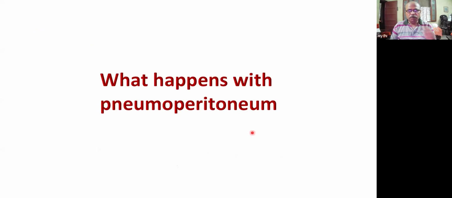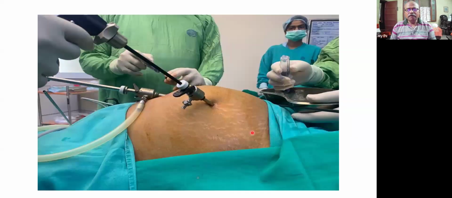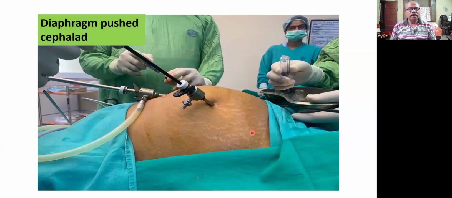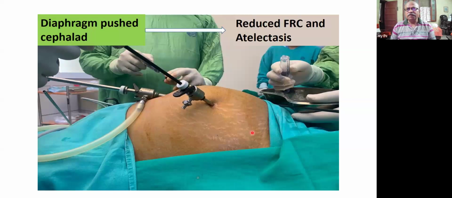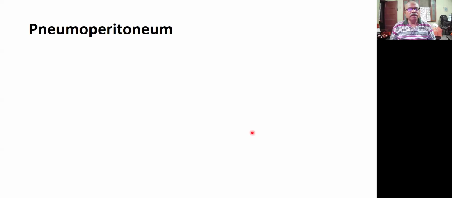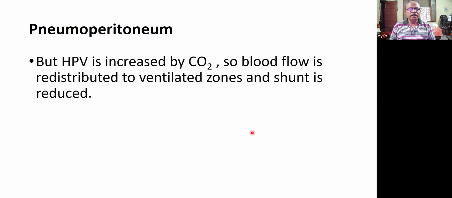What happens with pneumoperitoneum? Everybody is familiar with this picture. The diaphragm is pushed cephalad, and that causes reduced FRC and therefore atelectasis. But we do not get so much hypoxia in laparoscopic surgery, and there is a reason for it. The interesting thing is that the HPV is increased by carbon dioxide.